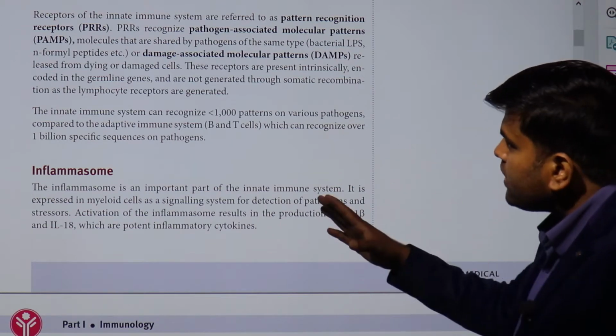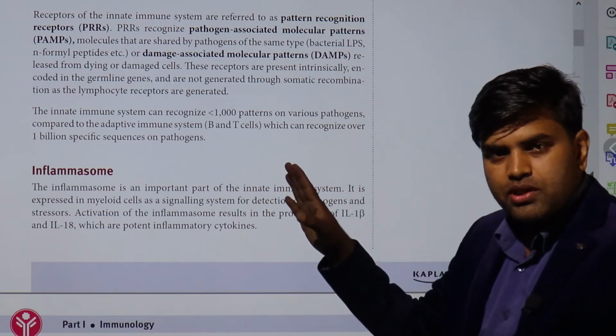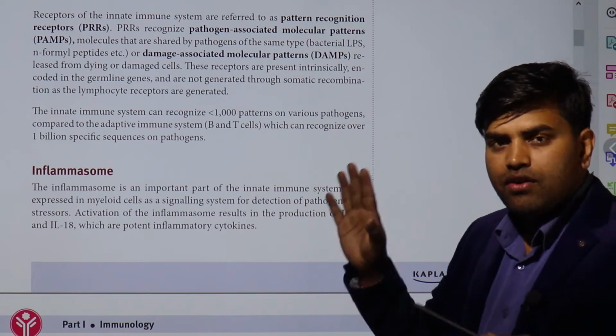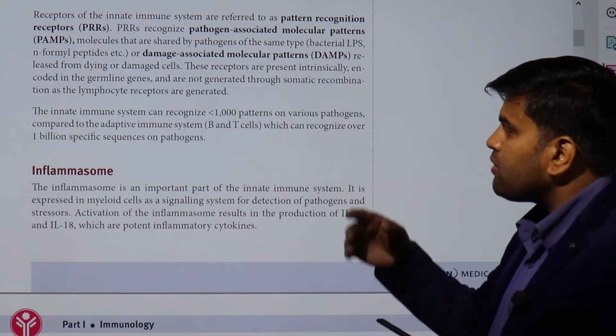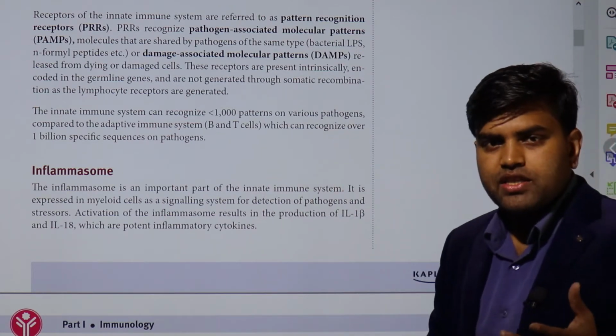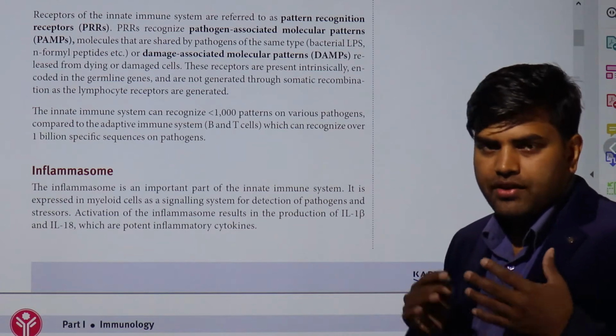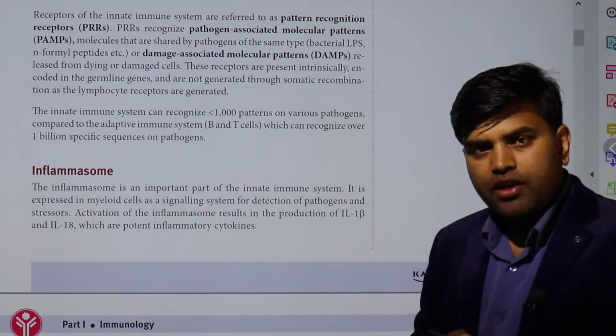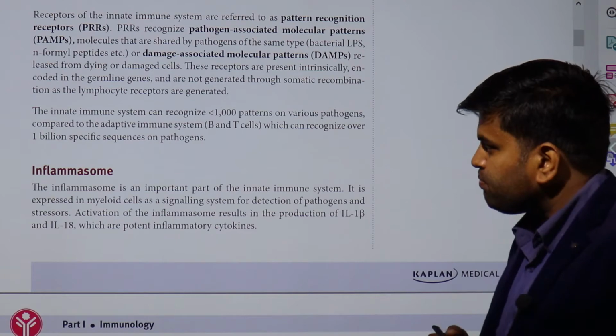So initially it is the innate immune system's responsibility to clear the infection. If it is not able to, then the adaptive immune system, that is B and T cells, will come, play the role and eliminate the infection.